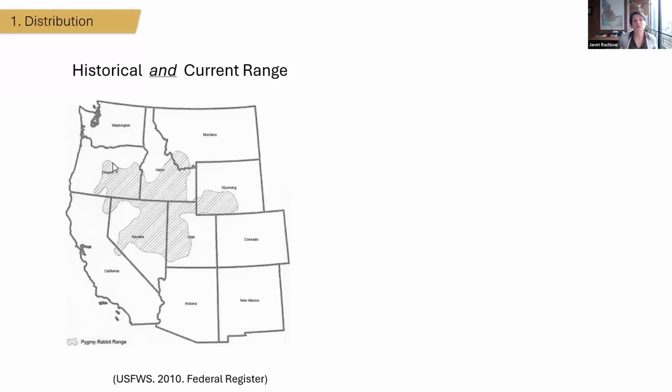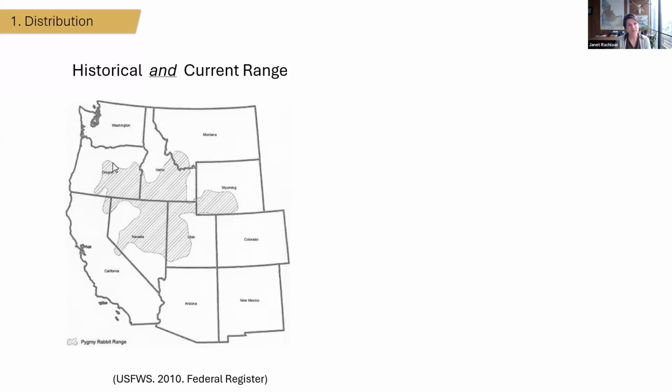Okay, so a little bit about distribution. This is a figure from the Federal Register. It was after one of the first rounds of petitioning the species for endangered or threatened status throughout their range. And this was presented as the historical and the current range of the species.